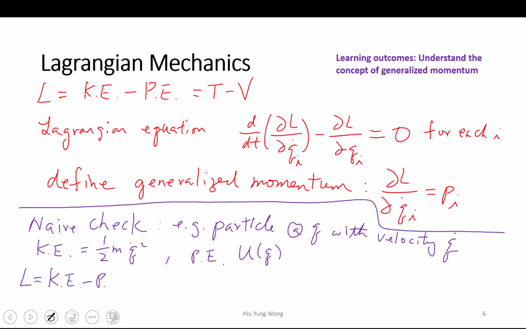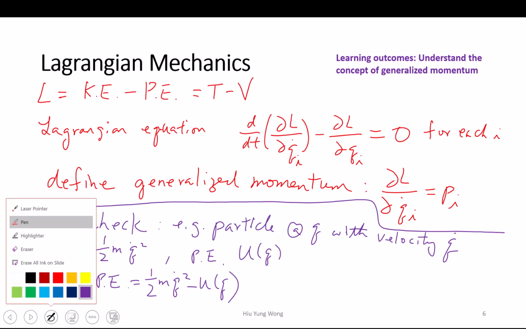It is the kinetic energy minus the potential energy, as I told you earlier. Not a definition, just the result of the Lagrange equation. So it is one half m q dot squared minus U(q), correct? I want to find the momentum.